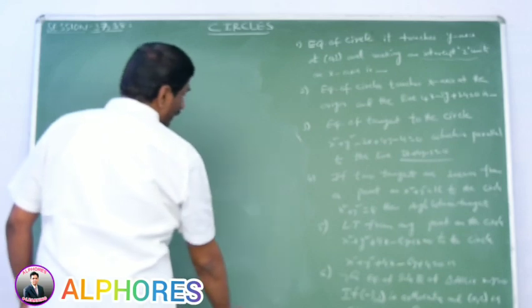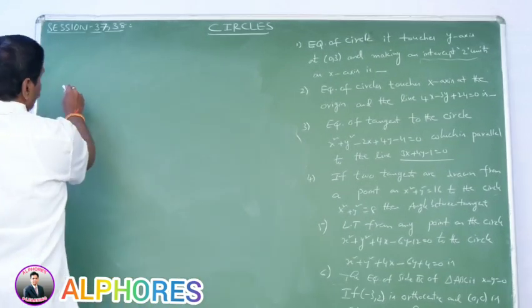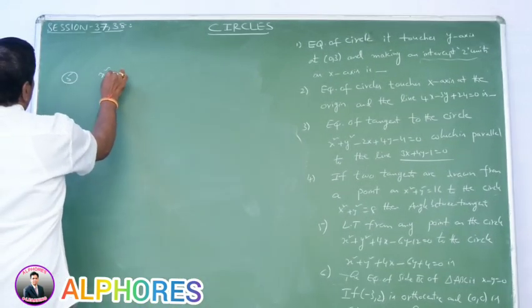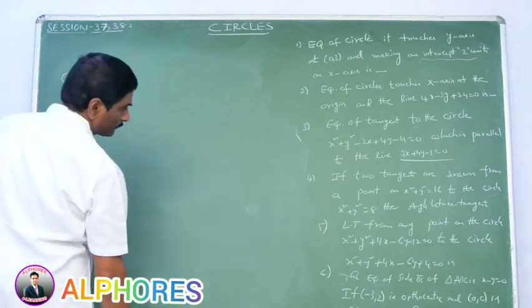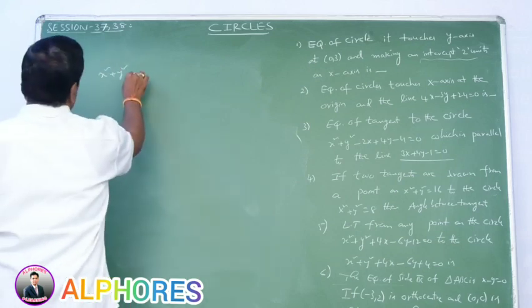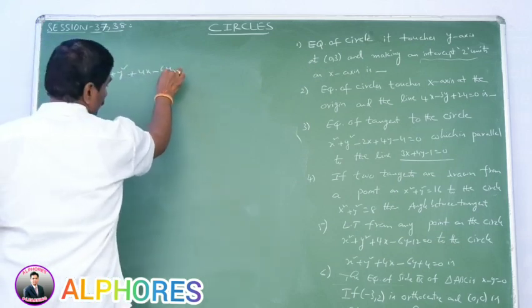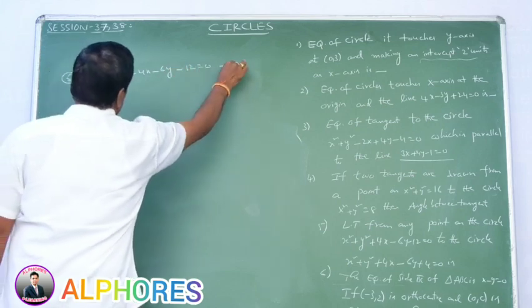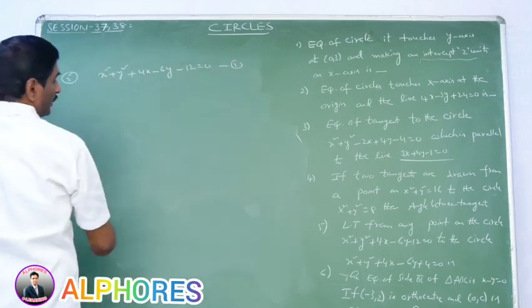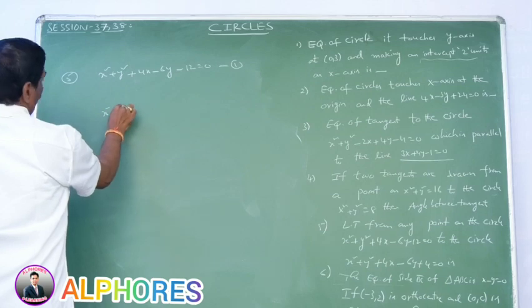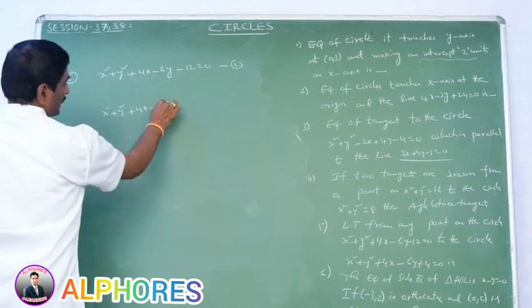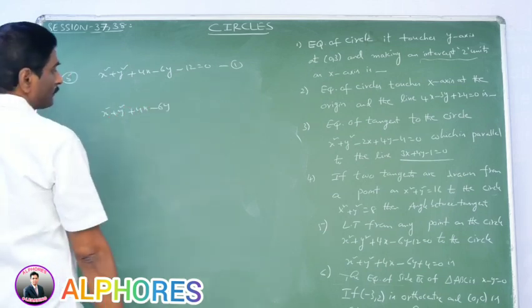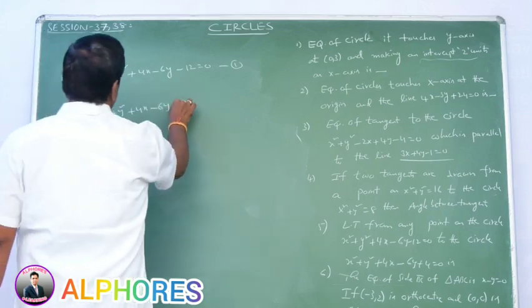Here the given circles are two. First circle equation x square plus y square plus 4x minus 6y minus 12 is equal to 0. It is the first circle. Second circle x square plus y square plus 4x minus 6y plus 4 is equal to 0.